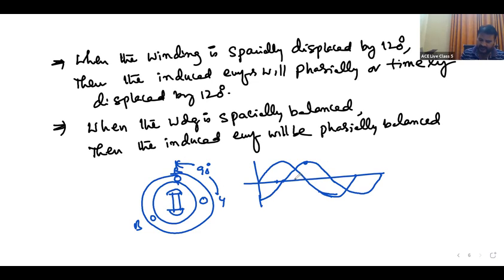Another you will get after 270 degrees, like this. From this to this it will be 90 only. From here to here it is 90 degrees, but from here to here it will be 150 degrees, not 120.